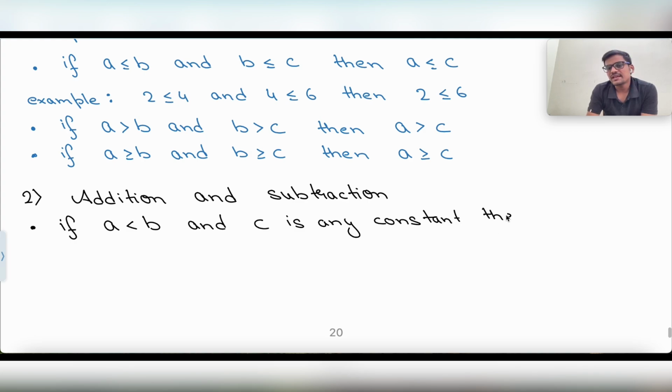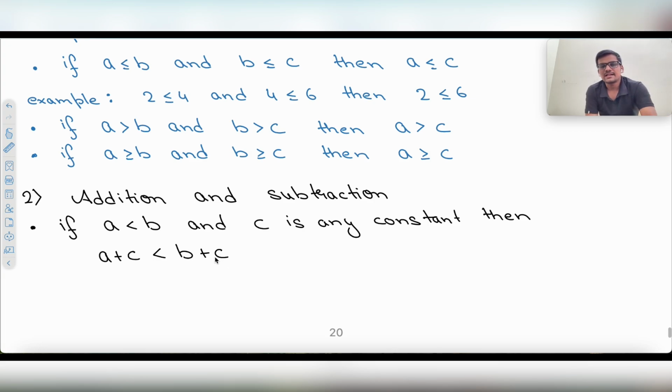Then if we add this constant C to both sides of the inequality, then also the inequality will not change. The inequality will maintain, right?